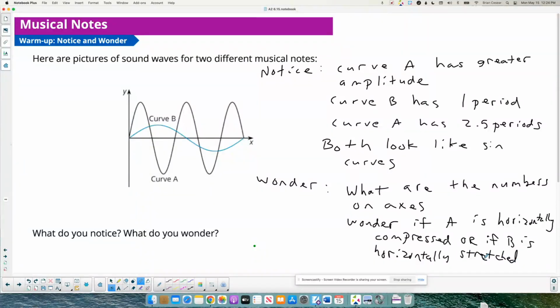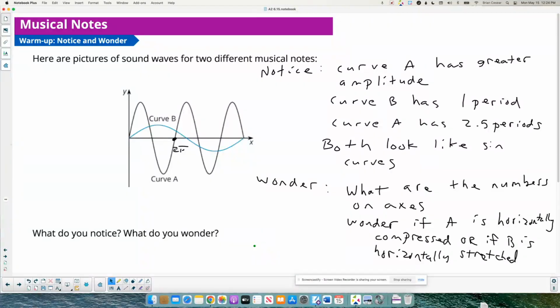Because I don't know where 2 pi is. So if this is 2 pi here, curve B is our parent function, and curve A is horizontally compressed to get it having more periods. Now, if 2 pi is here, right there, curve B is horizontally stretched. So we don't really know which way it is.